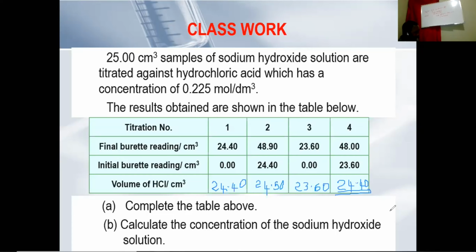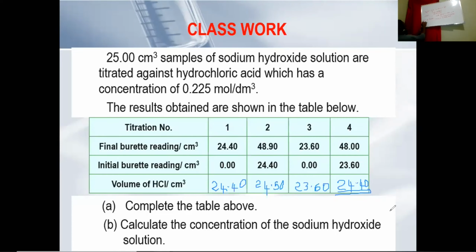So that is 0.0244 multiplied by 0.225, and that mole is 0.005 mole, right? So that's the mole of NaOH as well, right? Because it's a 1-to-1 ratio.